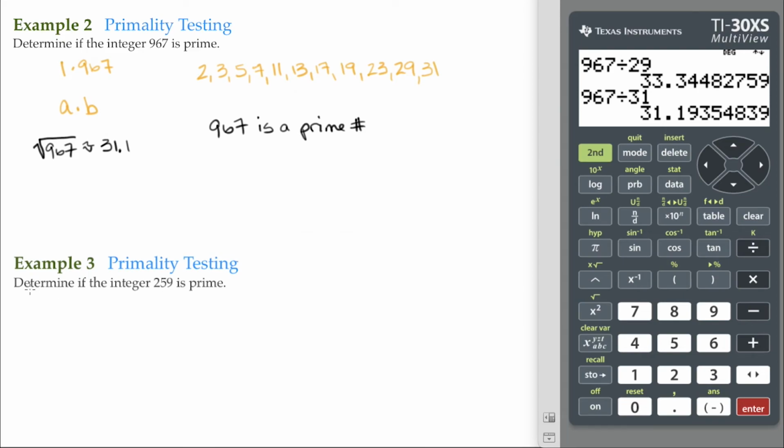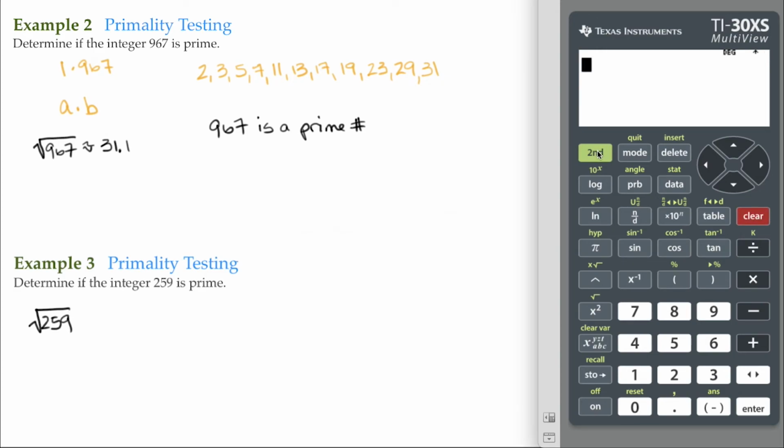We're going to do the same for example 3 here. We're going to determine if 259 is prime. So we're going to do the same thing. We'll take the square root of 259. I'll do my second square root, 259.